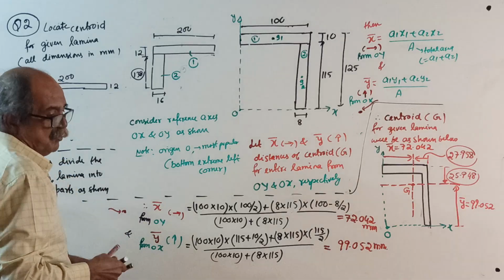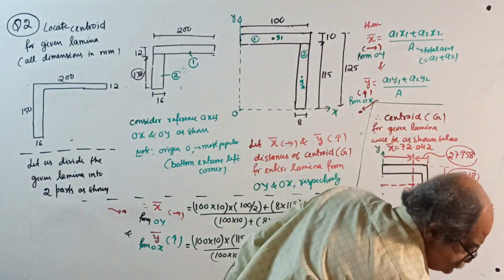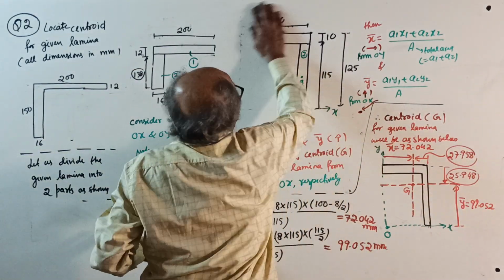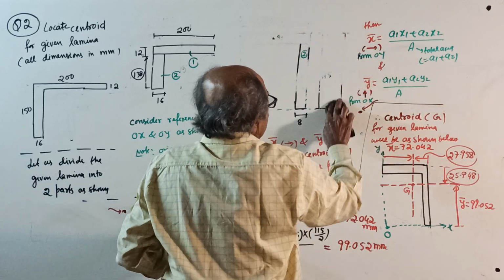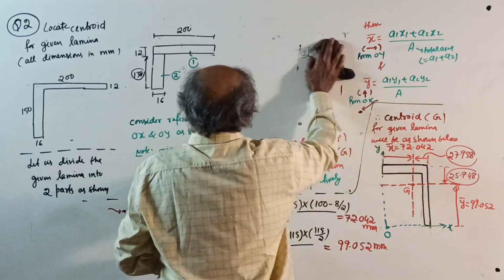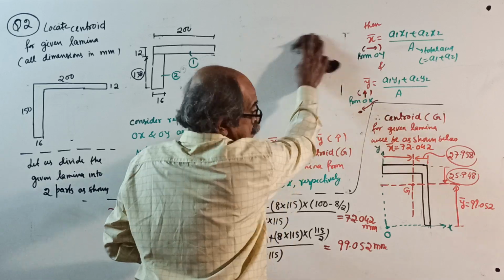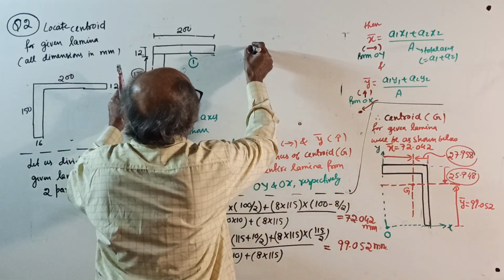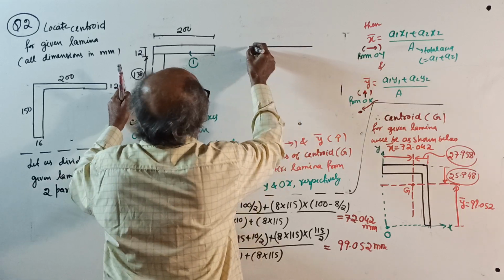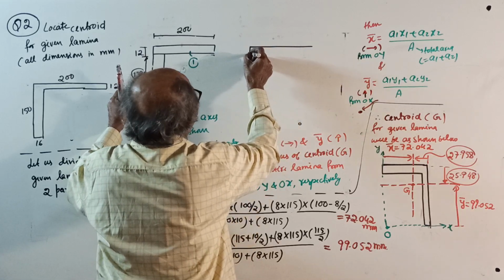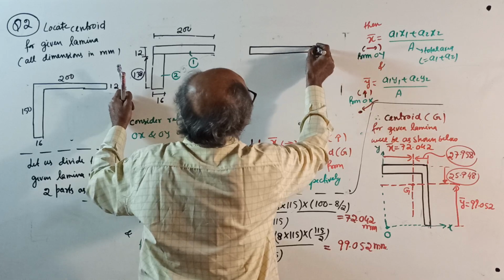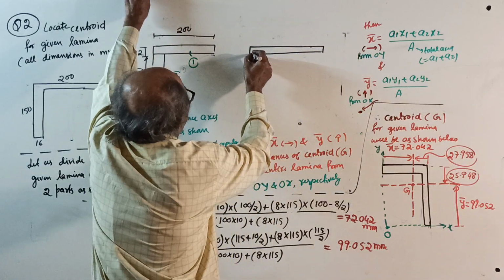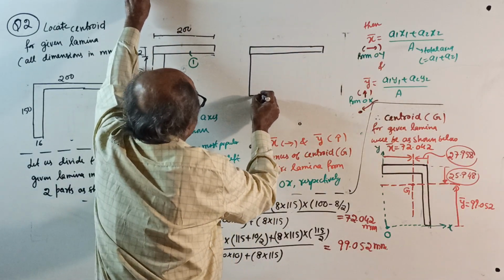Now, prepare a neat sketch. 200, 12, and this is 138, but little thicker.